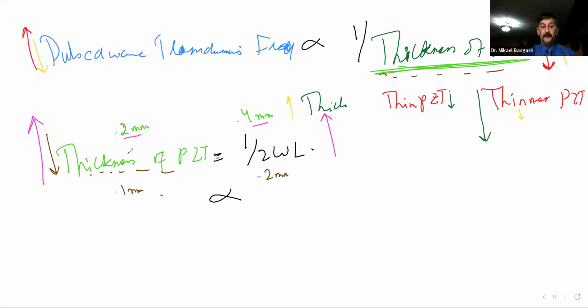That the thickness of your PCT is directly proportional to the wavelength. And what do we know, how is wavelength related to frequency? Inversely proportional.